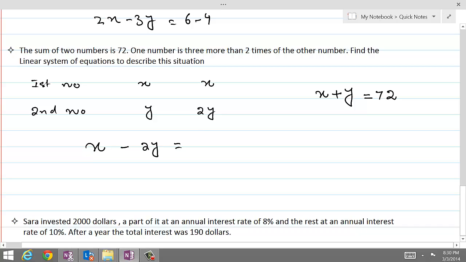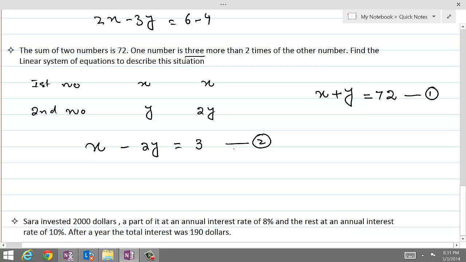One number is 3 more than 2 times of the other number. So this difference is given equal to 3. So let's write this as relation number 1, and let's write this as relation number 2.